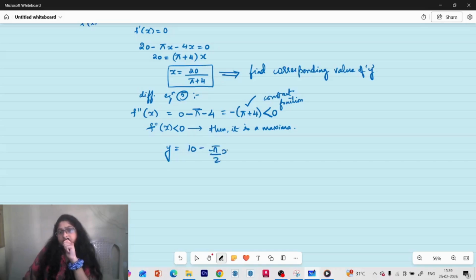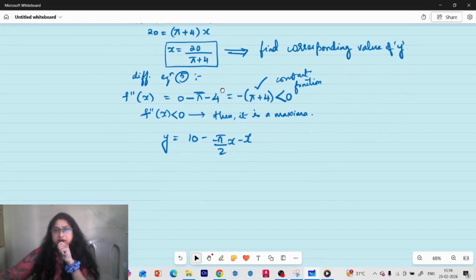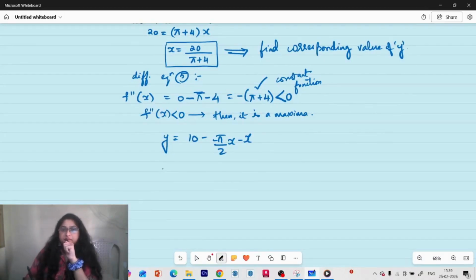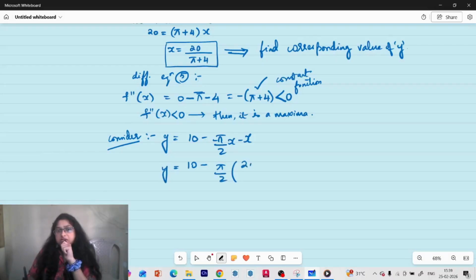Pi by 2 x minus x. Now, so y is equal to 10 minus pi by 2, substitute the value of x, which is 20 by pi plus 4, minus 20 by pi plus 4.